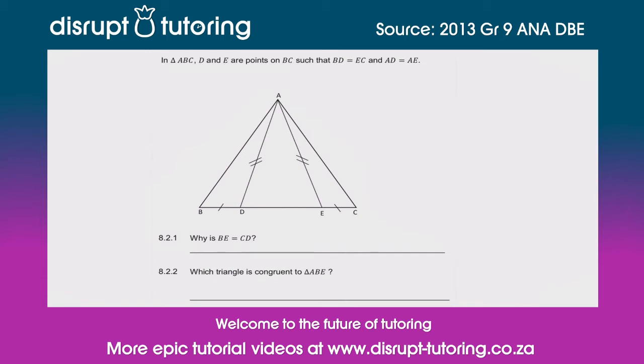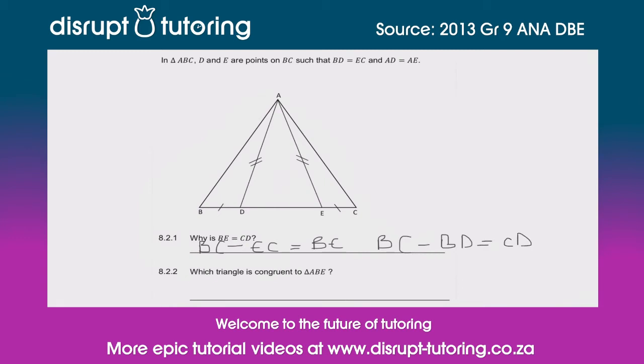Right, so we can say that BC, which is the full line, minus EC is equal to BE. We can also say that BC minus BD is equal to CD.